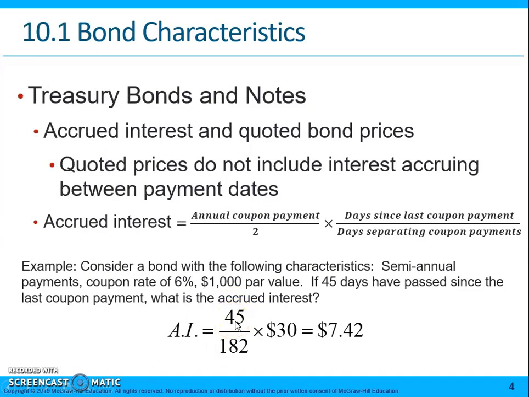I don't have one in front of me, but I believe you hit second and 2. I could be mistaken, but anyway, you can calculate the days that have passed, and the number of days in a period is going to vary. I believe it can be anywhere from 181 to 184. The $30 is simply the 1,000 times 0.06 divided by 2. So in this case, we end up with $7.42 of accrued interest.